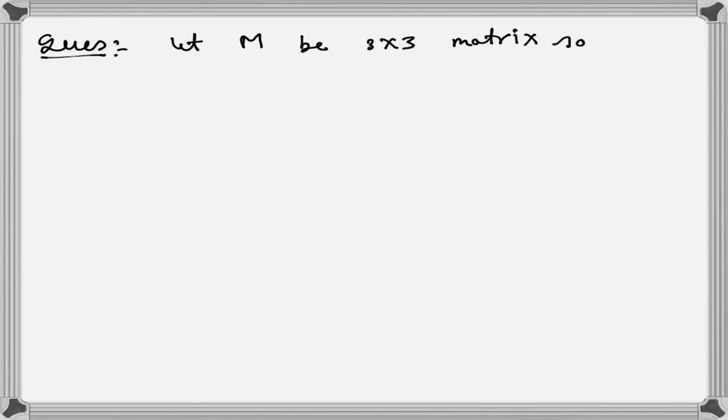So let's solve question number 1. Let M be a 3 cross 3 matrix satisfying M times (0, 1, 0) is equal to (minus 1, 2, 3).